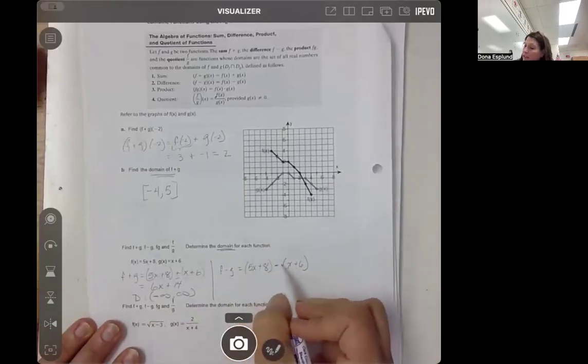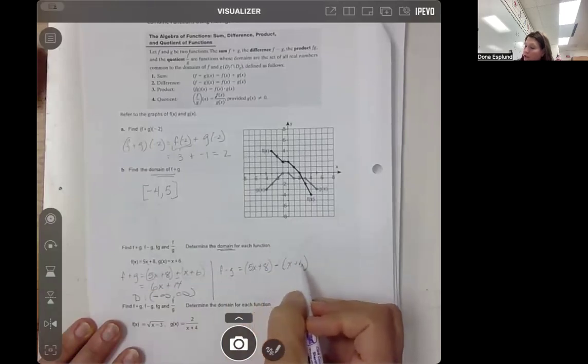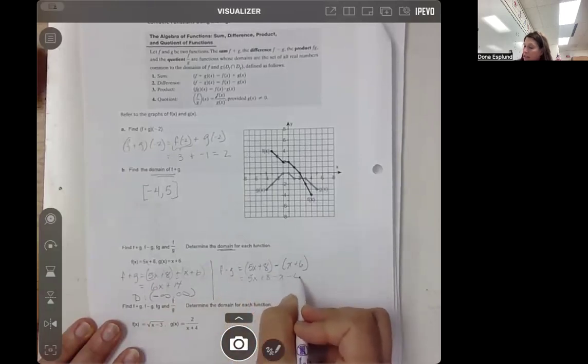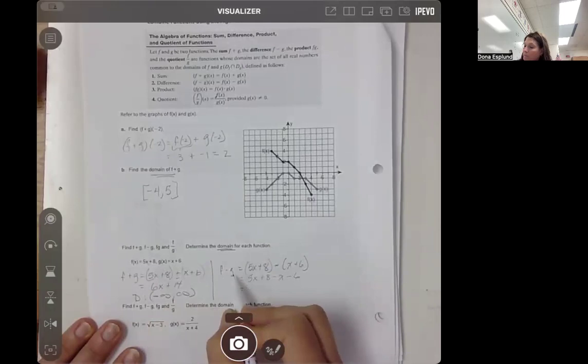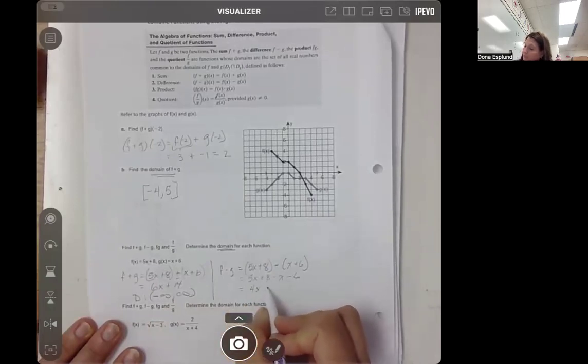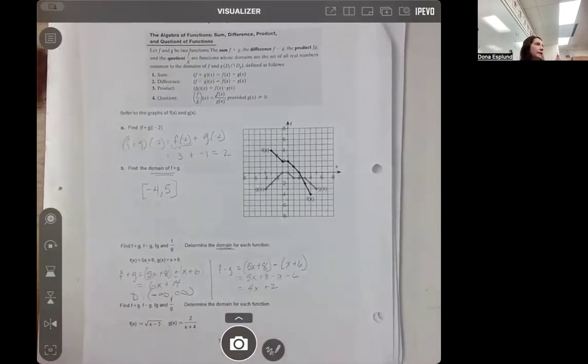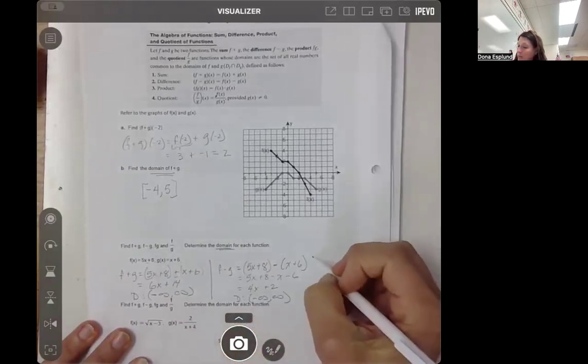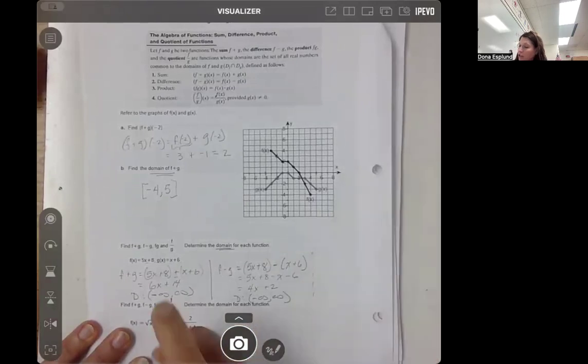That means I need to distribute my negative into both of my terms. So when I subtract them, I'll have 5x plus 8 minus x minus 6. And so f minus g is going to end up being 4x plus 2. Again, I've got a linear equation, so my domain is going to be all real numbers.